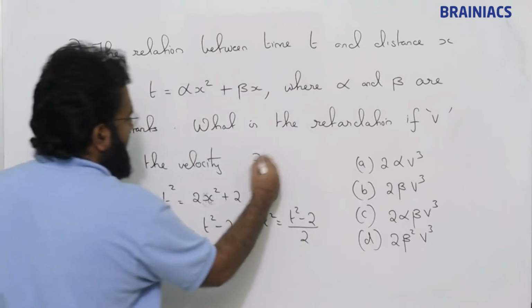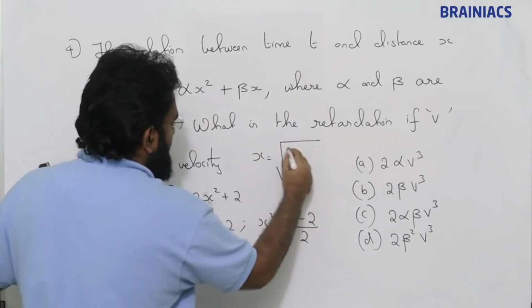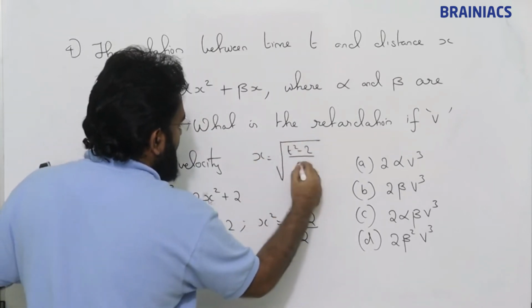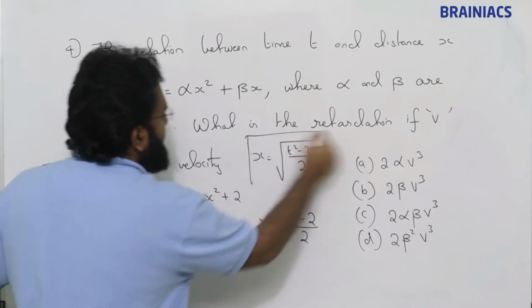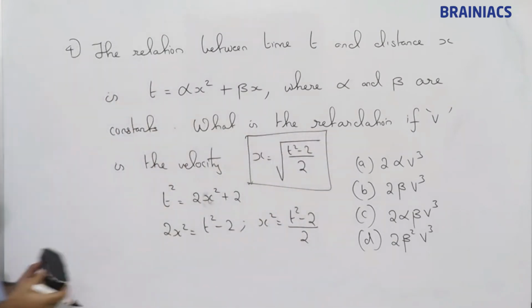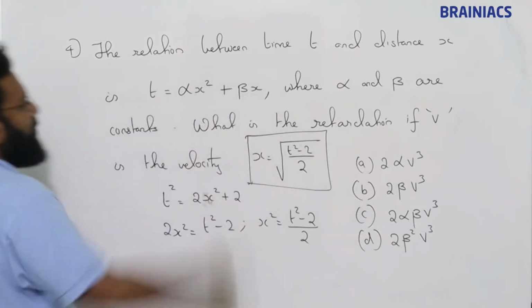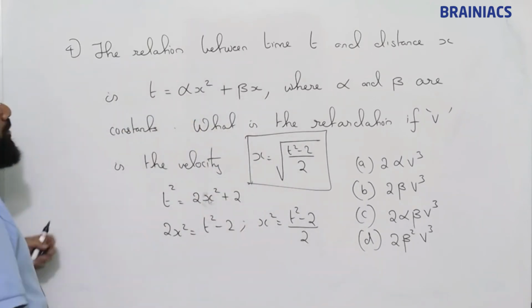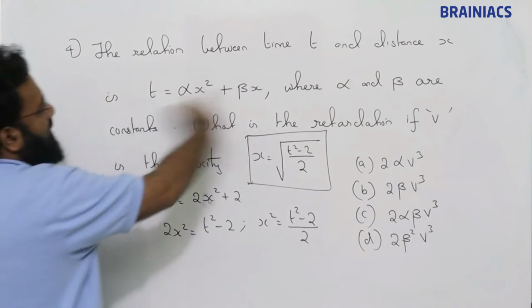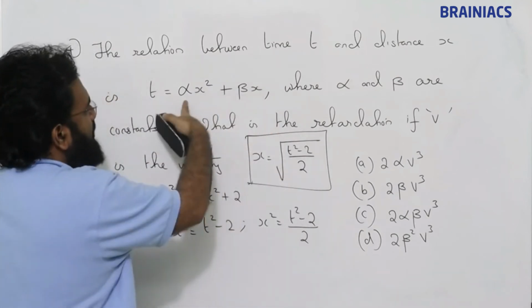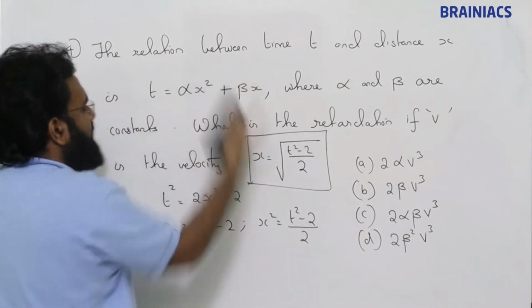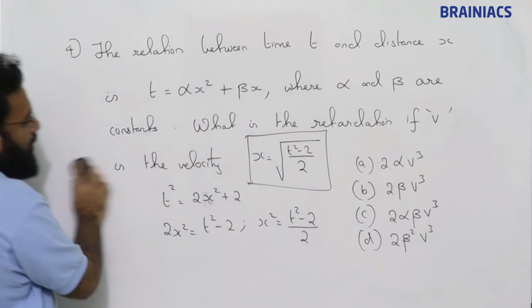From this, x is equal to root of t square minus 2 divided by 2. Even if you get it in this form, we can do this. But here we cannot separate x in this form, x is equal to t by alpha something. We cannot separate this. That is the problem here.